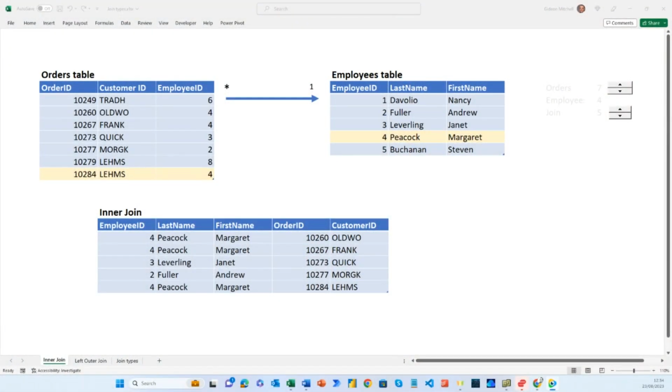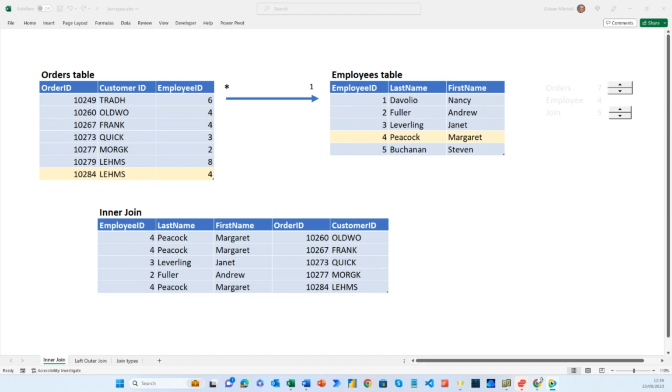So we could go back to our data set here and just imagine, make up some scenario that explains why it might be that we have orders appearing in the orders table on the left that don't match anything on the right, with no matching employee on the right. So I'm just going to make this up.